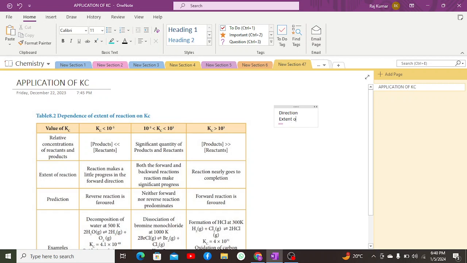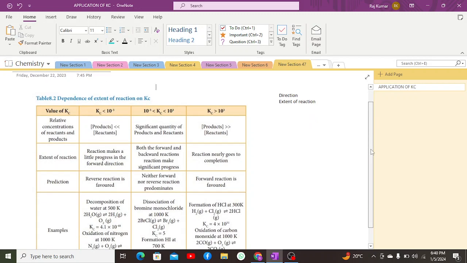Extent here is defined as the longevity of the reaction: whether the reaction is supposed to continue, whether it will undergo further process in order to complete itself, whether it will go towards completion, whether it is completed already, or whether it will never go to completion. That is the extent of reaction which will be discussed in the applications of Kc.